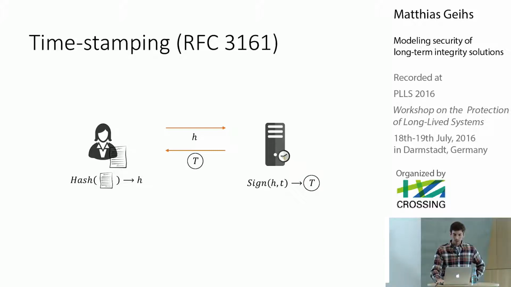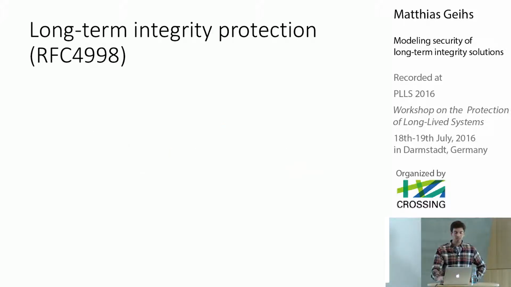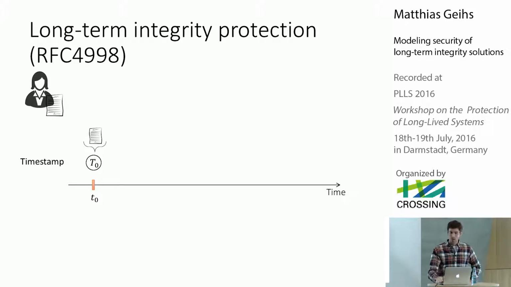However, this is based on digital signatures, so we have to find a way to prolong the security again. This is described in RFC 4998, for example. To achieve long-term integrity protection, as was also described by Denise before, we basically do a sequence of timestamps. We have an initial timestamp on the document, T0, which was just explained.